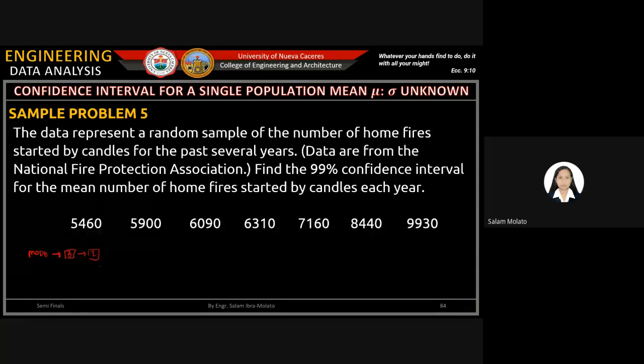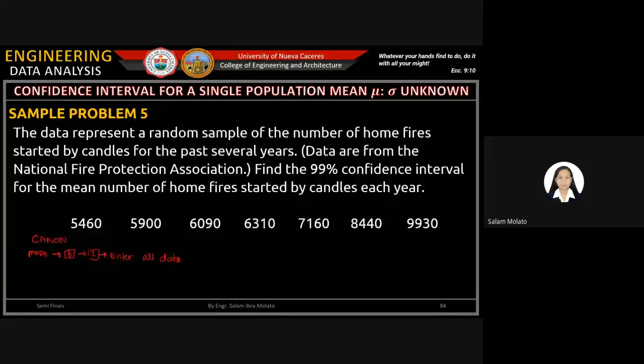I can no longer access my Canon emulator for some reason, so I taught this to you last meeting. After you enter all the data, this is for Canon, since the one for Casio is already on your BB.